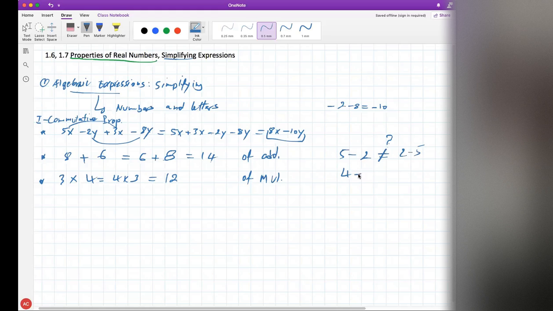For example, 4 divided by 2 is not the same as 2 divided by 4. They're different. This is equal to 2. This is basically a half, 1/2. Okay, so that does not apply to these 2. It only applies to addition and multiplication. Feel free to move things around. It's fine. That's what the commutative property does basically.